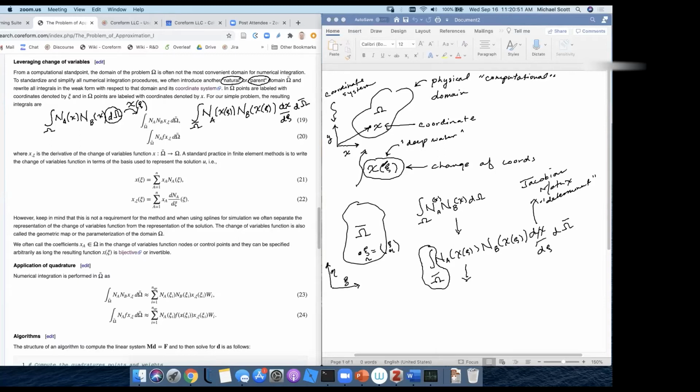How do we, maybe from your own experience using finite elements or other kinds of methods, or just thinking about this, how might we define this function? Any thoughts?